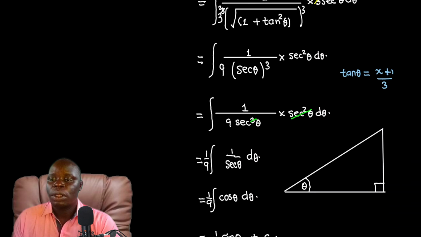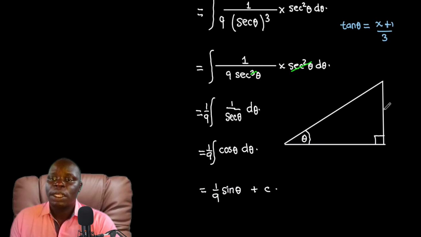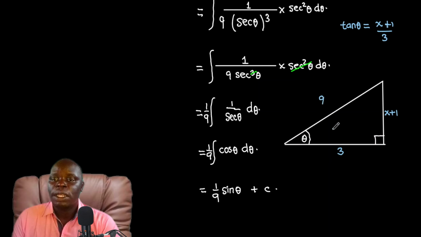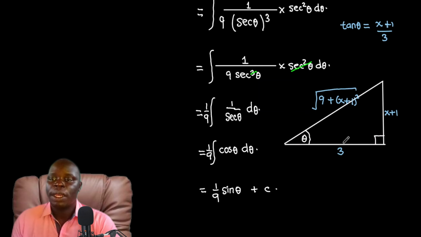So the numerator is opposite, and our opposite here happens to be this side, x plus 1. And then adjacent is 3. So hypotenuse will be the square root of this side. 3 squared is 9, and the square of the opposite here from Pythagoras theorem, and we don't have to forget our square root sign here.